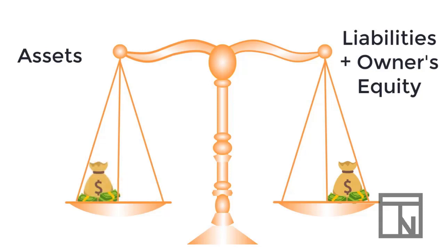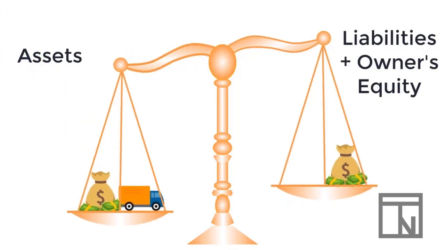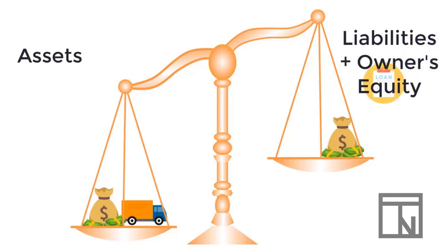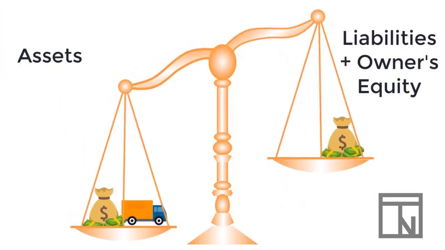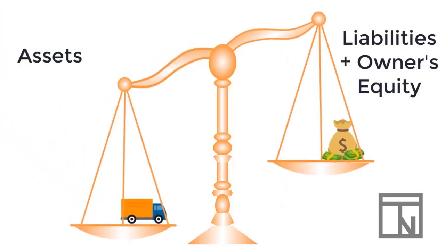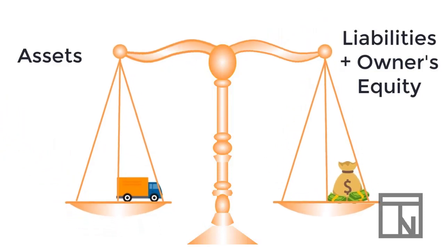Either the transaction increases or decreases both sides of the accounting equation, like the example of the truck and the loan, or it increases and decreases the same side of the transaction, like the example of the truck paid in cash, making the same side go down and back up again.